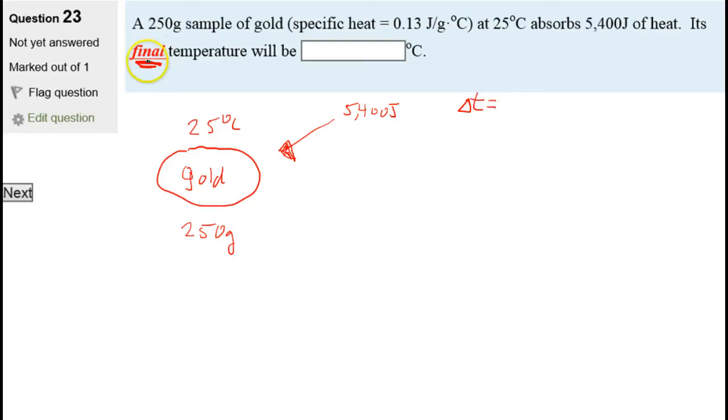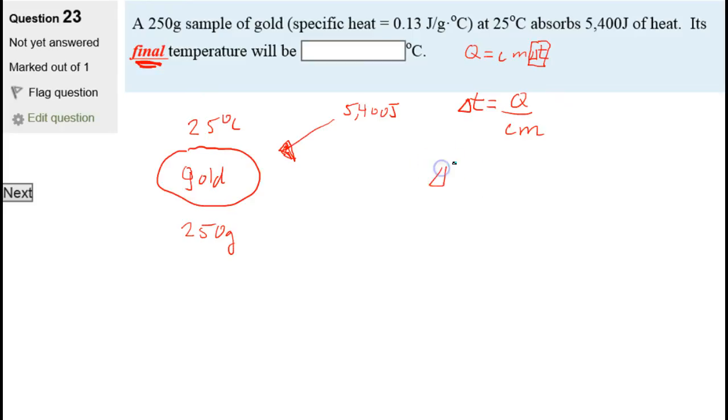and then add that to the starting temperature, and we can then end up with the final temperature. In this problem, we're going to use the Q equals C m delta T formula, and we will have to solve for delta T first. By moving these variables around, delta T is equal to Q over C times m.